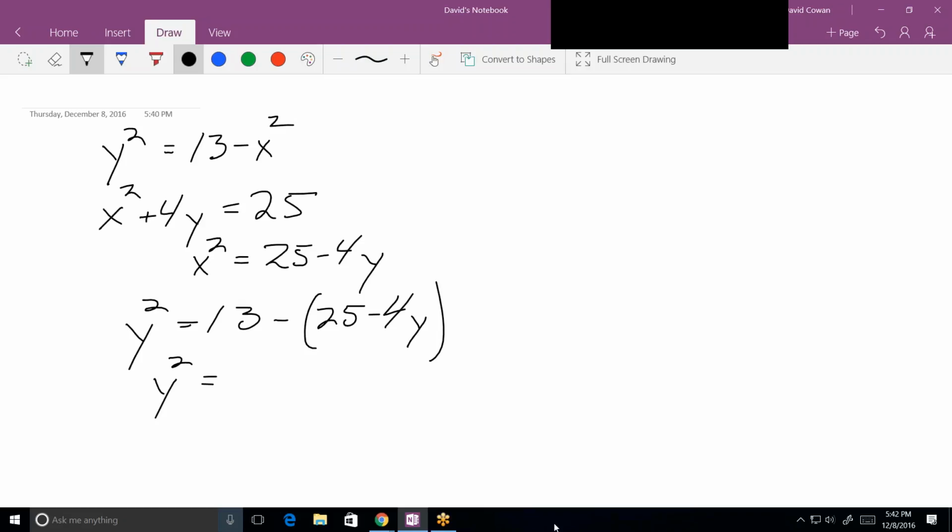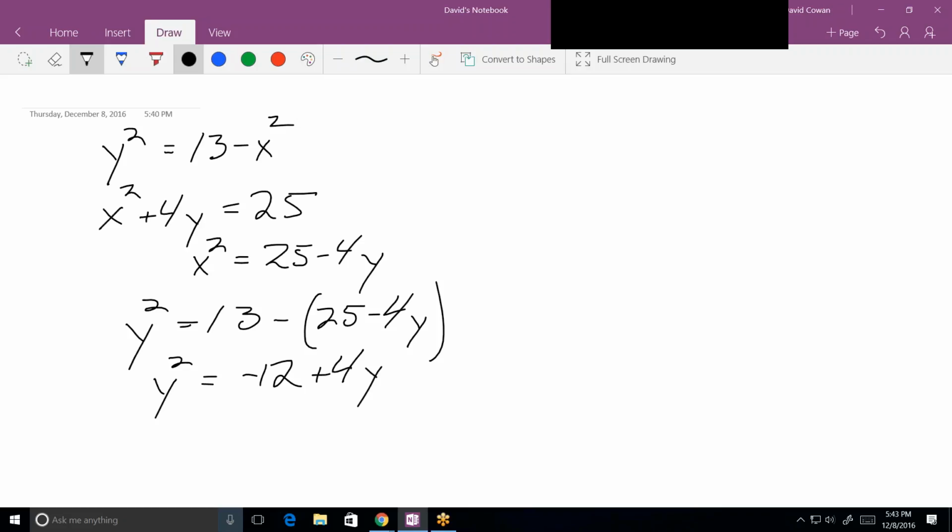Go ahead and simplify the whole line. Well, what's 13 minus 25? Oh, negative 12. So it's negative 12 plus 4y, correct? Yeah, negative 12 plus 4y.